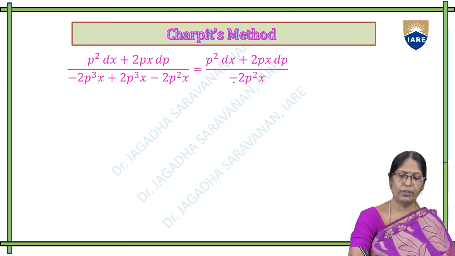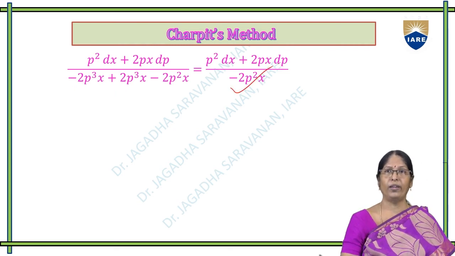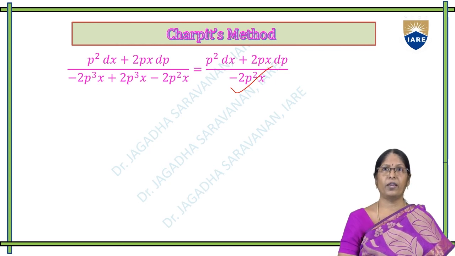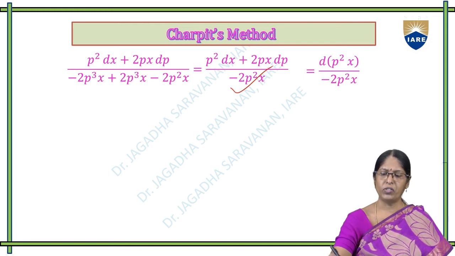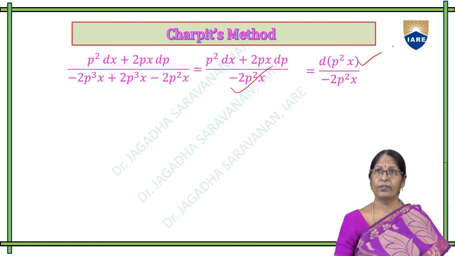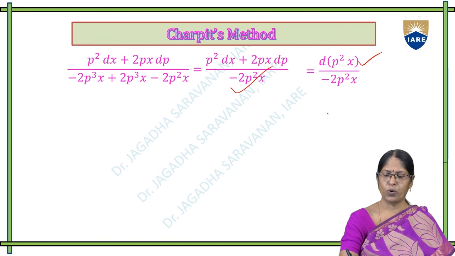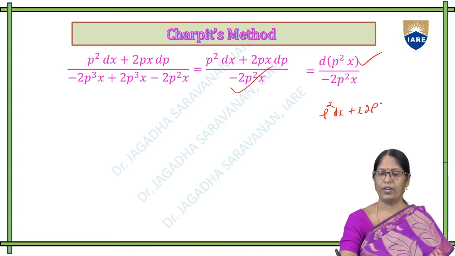So now here that is written, actually the simplified form, the last step of the previous slide. Now we can put the numerator in such a way that it is the differentiation of p square x. We can write p square, x differentiation is dx, and p square differentiation is 2p dp.